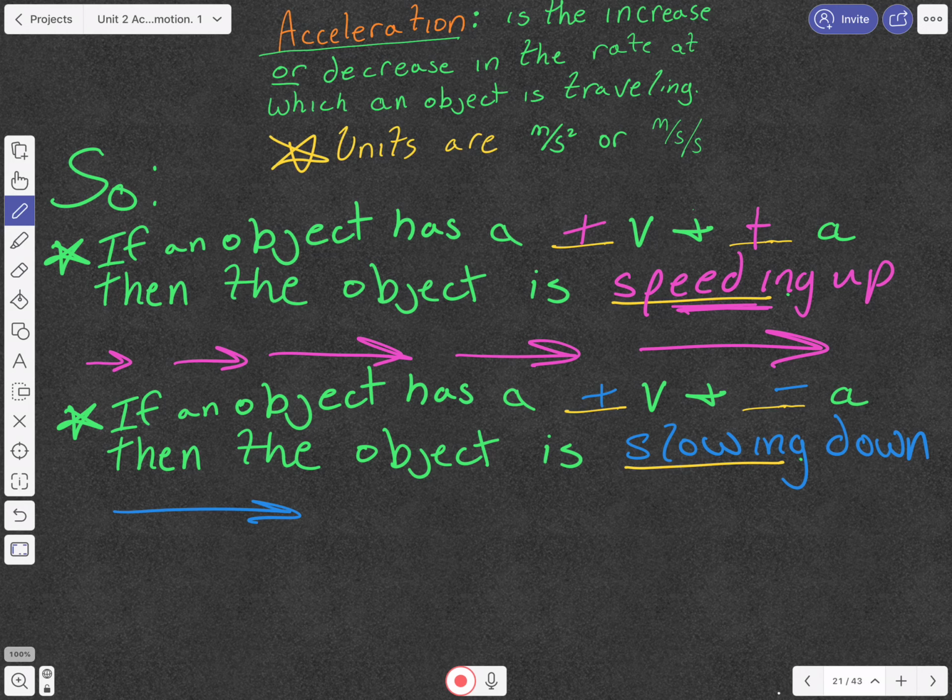If this is the original vector of how fast we were going, and you're accelerating in this direction, these arrows are going to get shorter as time goes on. If you think of our motion map, until you stop, and then you may even start going the opposite direction, having a velocity in the negative direction. And then you would start speeding up as long as your acceleration stays the same.